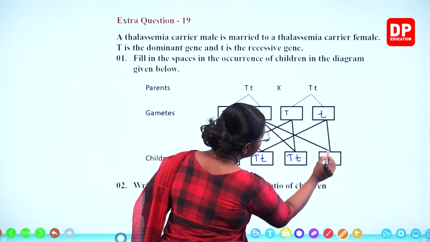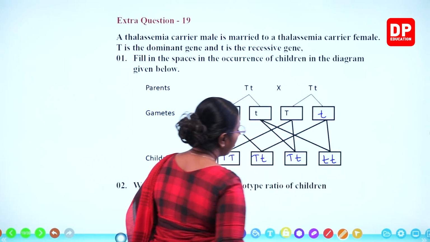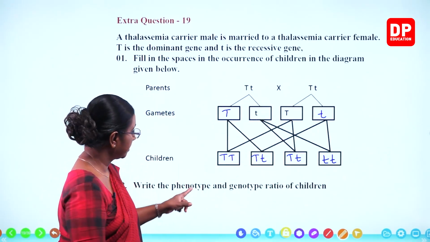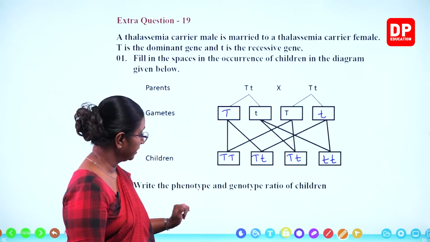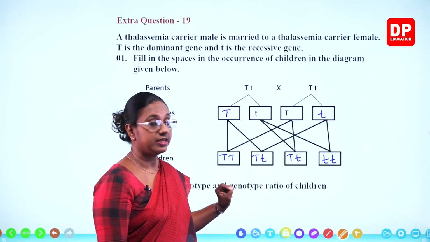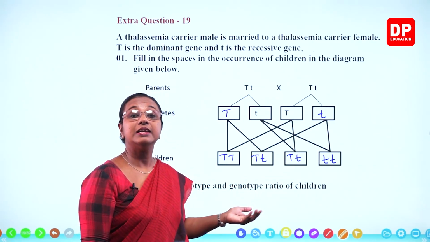Then here simple T. So you're familiar with these conditions. Homozygous dominant character, so healthy person. Then here heterozygous, and this is also heterozygous, so both are going to be carriers.